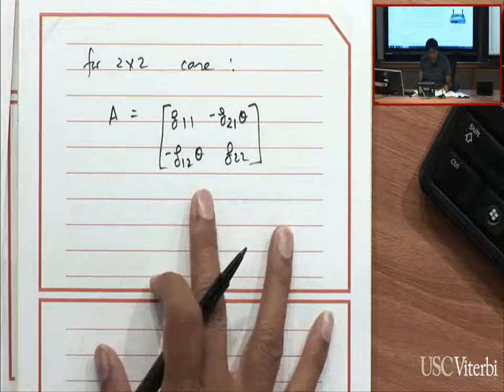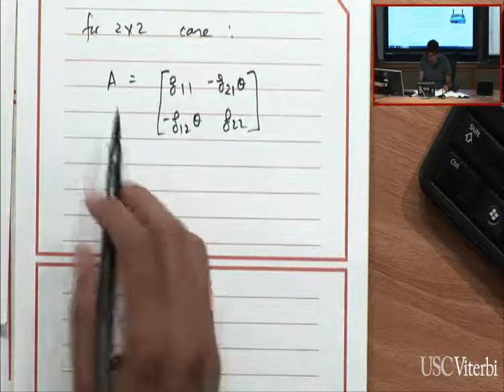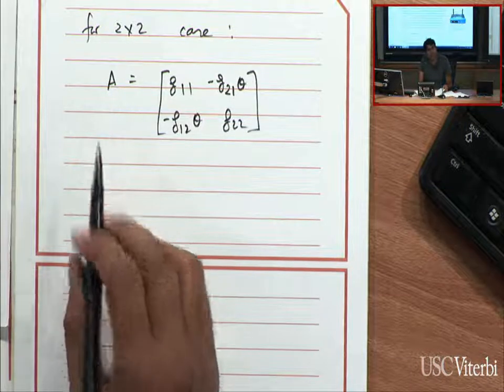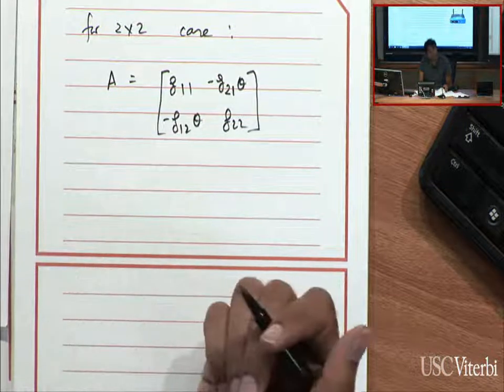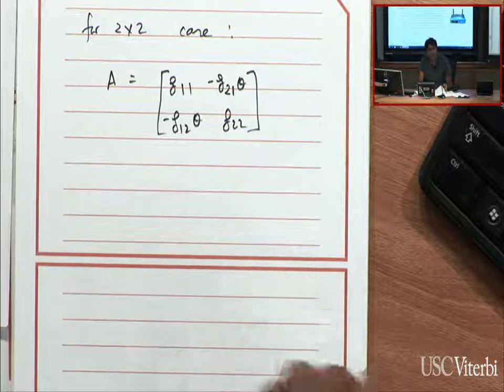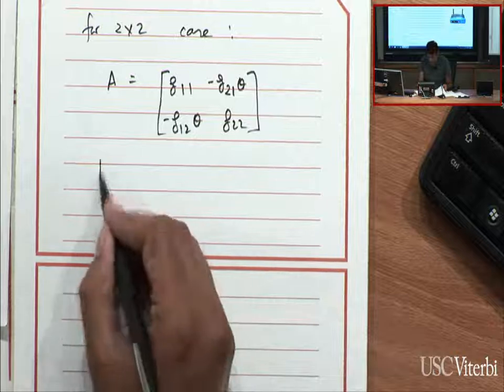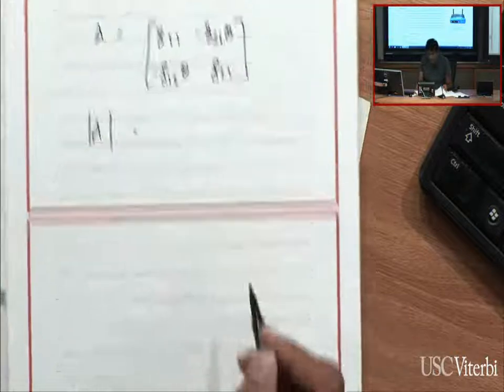Right, so this was the matrix in that case. And if you want to check if a 2-by-2 matrix is invertible, what do we typically check? We look at its determinant, and you want to make sure that the determinant is not 0. If it's 0, then it's not invertible. So what's the determinant of this matrix?